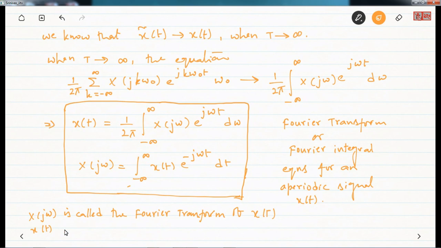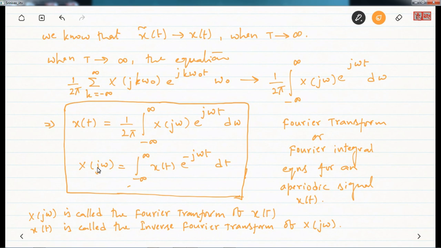And x of t is called the inverse Fourier transform of x of j omega.